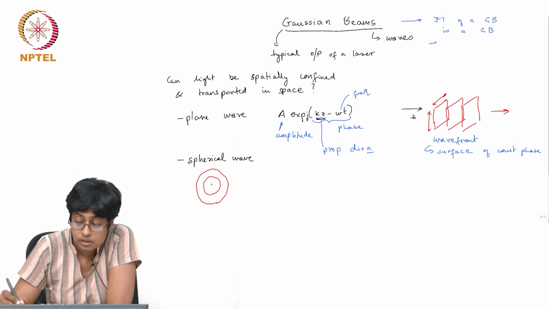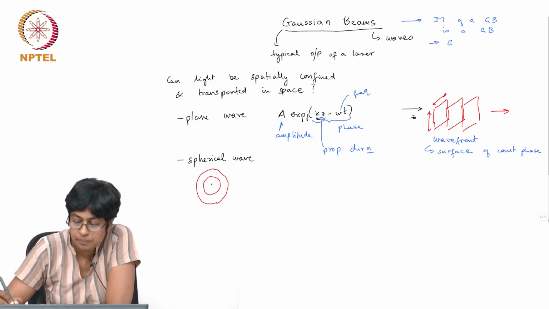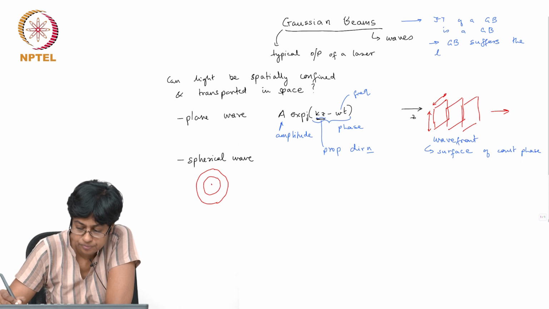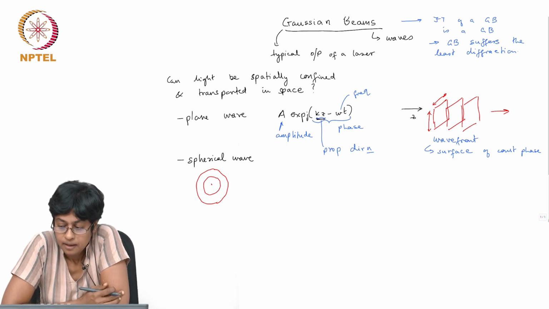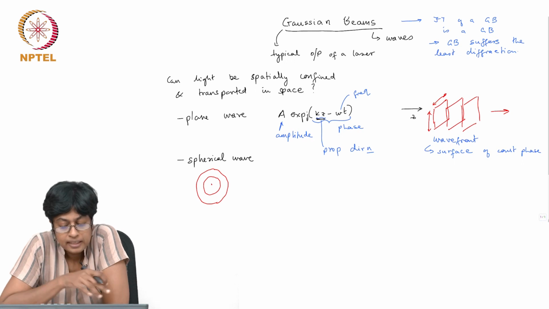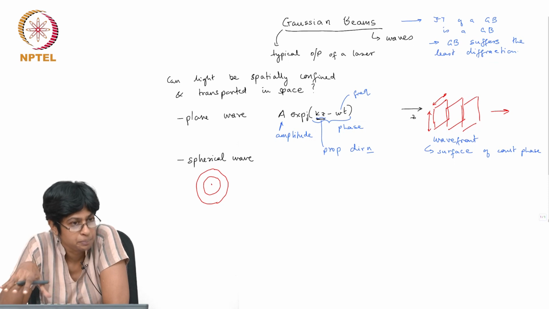It turns out that of all the different beams, the Gaussian beam suffers the least diffraction. Okay. So in addition to it being the beam that we're typically going to get as an output, it also has some nice properties that make it useful.